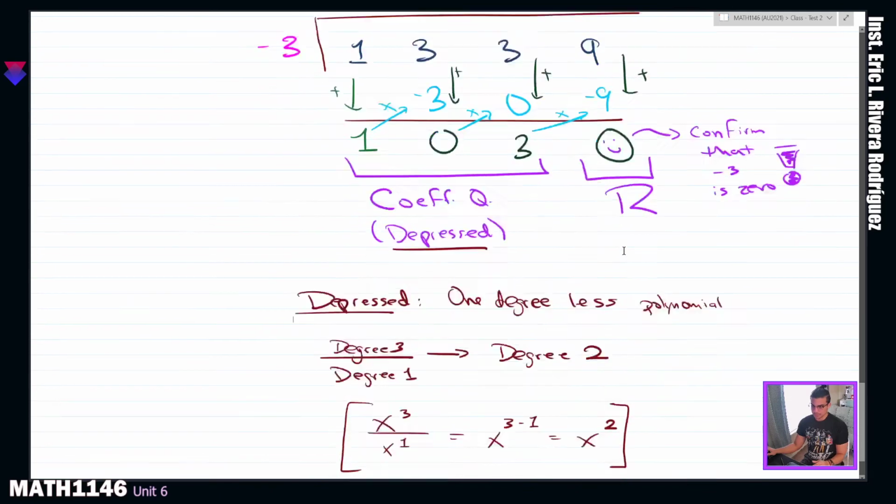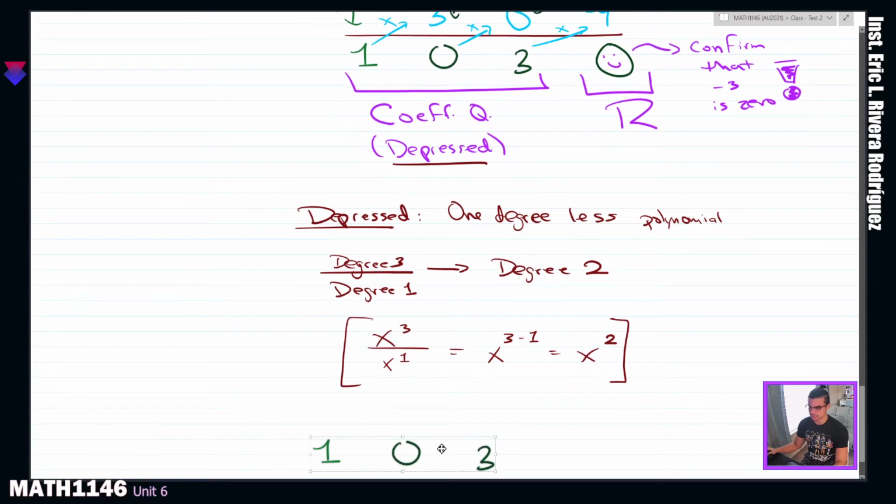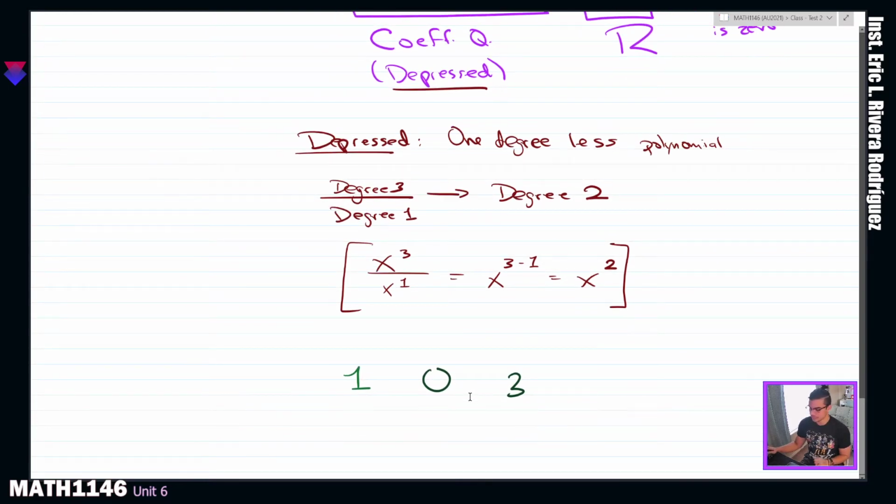Okay, so how are you going to use the depressed equation? Take these numbers that you are getting here, and remember, we are getting from a degree of 3 to a degree of 2. So this is what you are going to do. My first number is the leading coefficient of the depressed equation. The depressed equation, I'm going to call q of x.